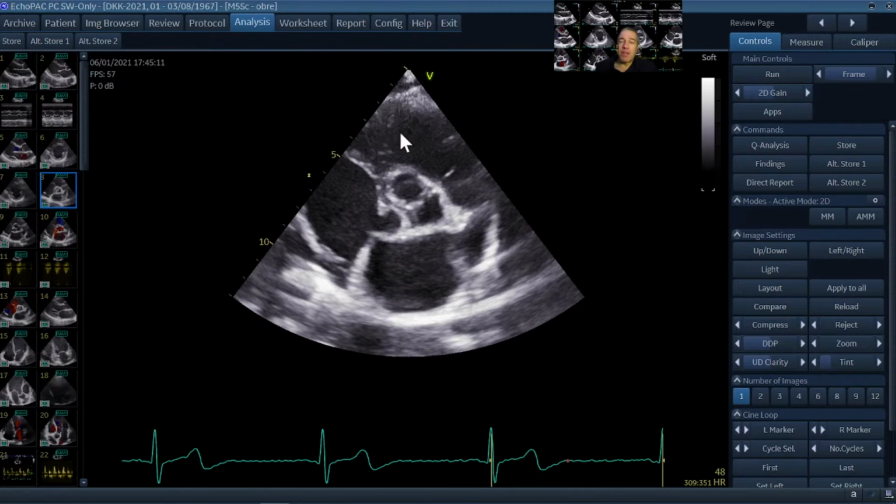If you know that this is the right ventricle, then this cusp is the right coronary cusp. This goes to the atrium. This is the interventricular septum. And in the direction of the interatrial septum, there is no coronary artery.